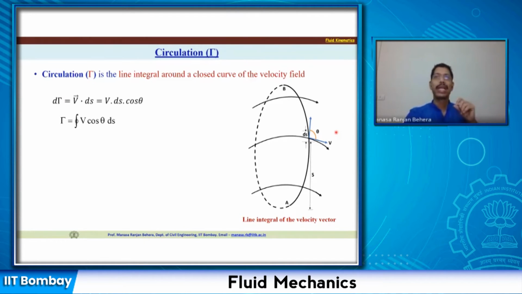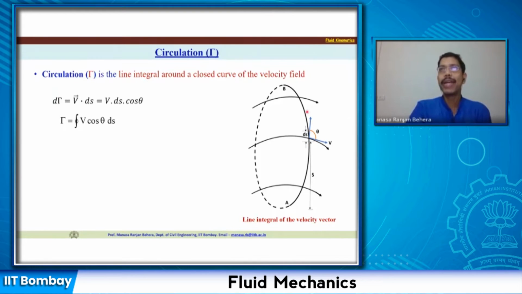If I want to find the component of the velocity along this line segment, it is going to be v cos theta. So the circulation for this component is v ds cos theta.